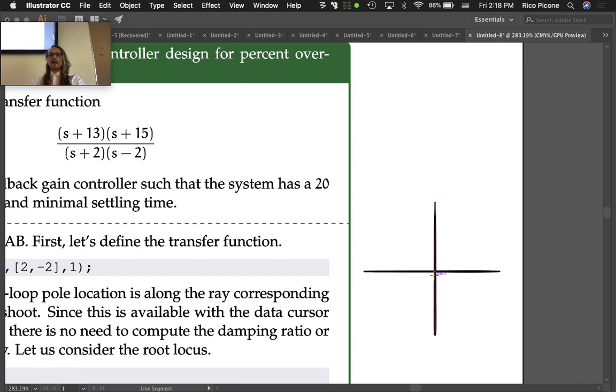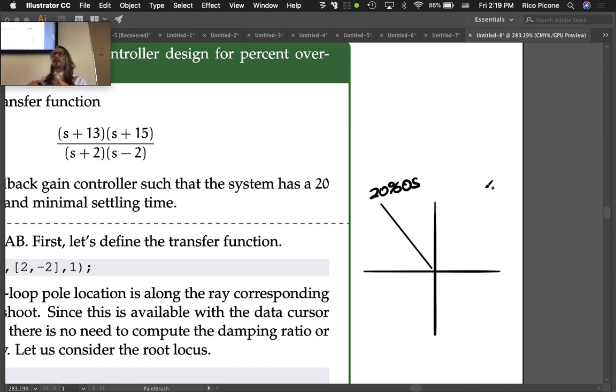A specific damping ratio has some constant line that starts at the origin and goes outward at some angle. That would be the 20% overshoot line. Okay? So this is corresponding to the second order approximation.